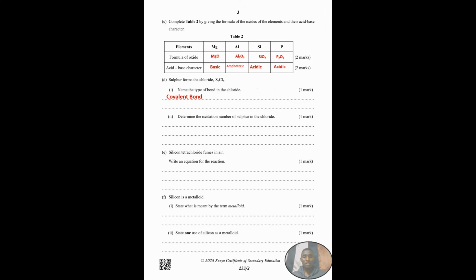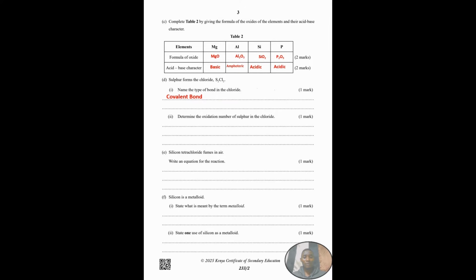Roman 2, determine the oxidation number of sulfur in the chloride. Learners, we have the rules, or the principles, that guide the way we look for oxidation numbers. In this case, we are supposed to determine the oxidation number of sulfur in the chloride.